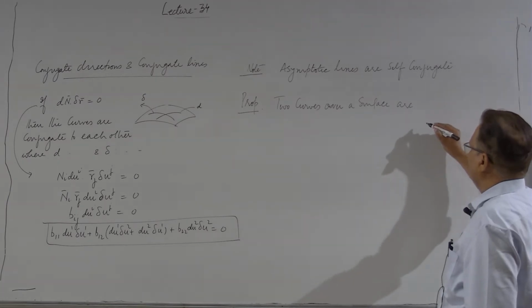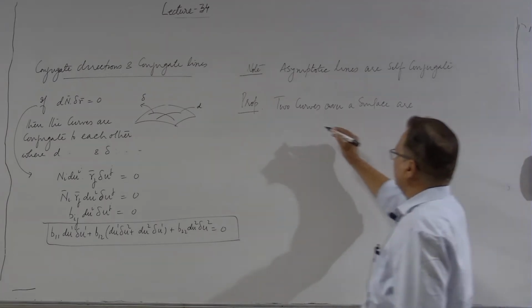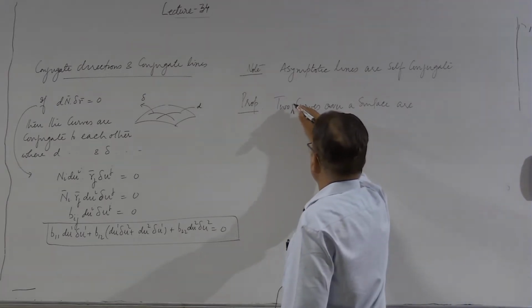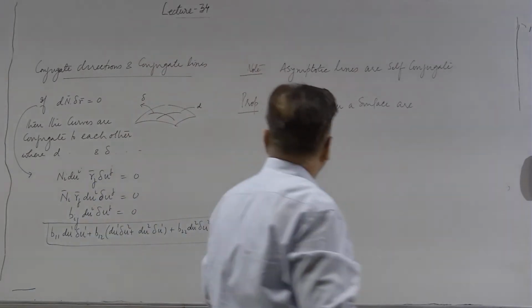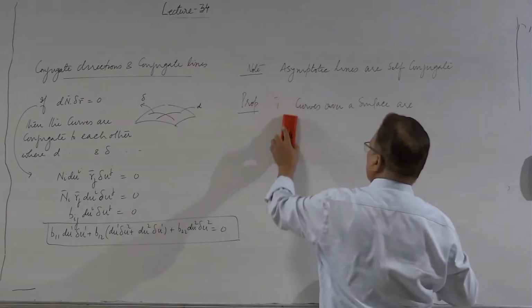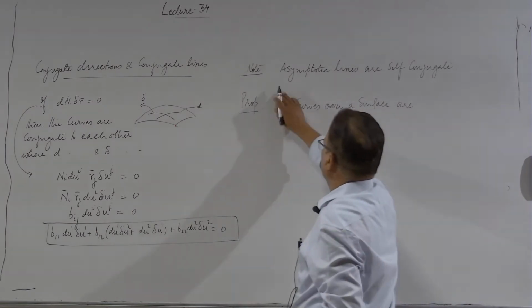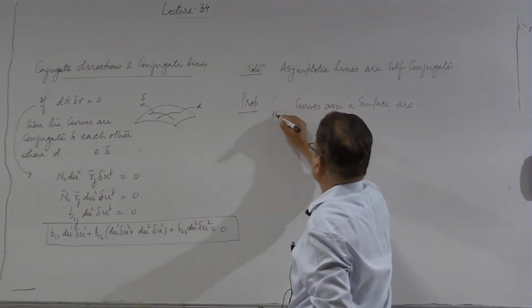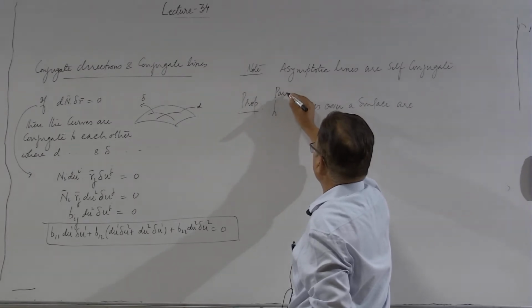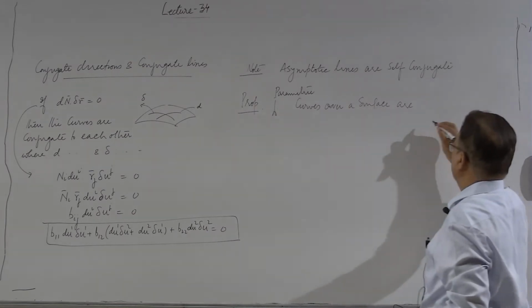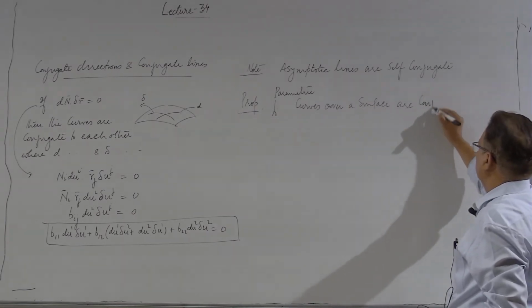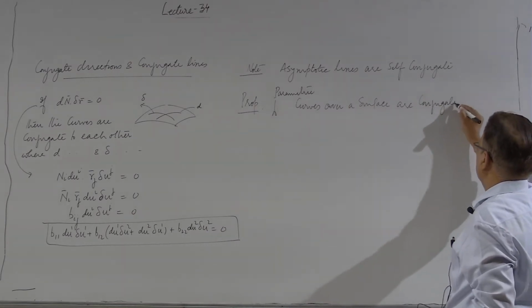Parametric curves over a surface are conjugate to each other, of course.